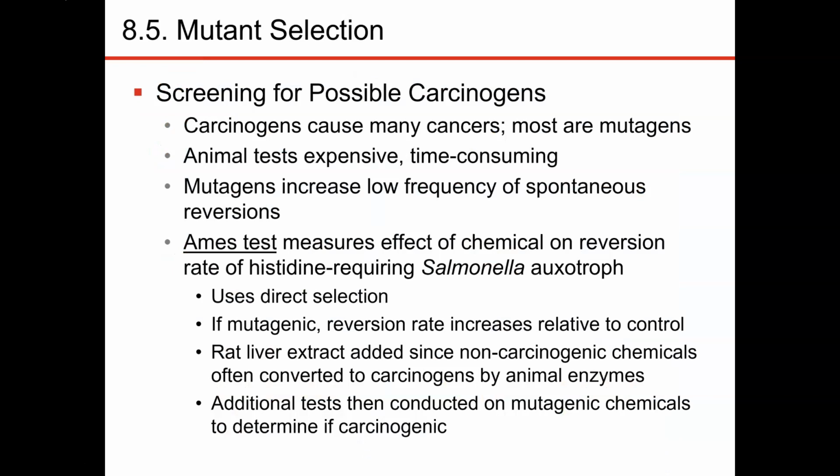And so why do we want these auxotrophs? Why do we care about having bacteria that can't use certain nutrients? That makes no sense, right? Well, we do it because if we have auxotrophic cells, we then can screen for chemicals, new chemicals specifically, that could potentially be carcinogenic.